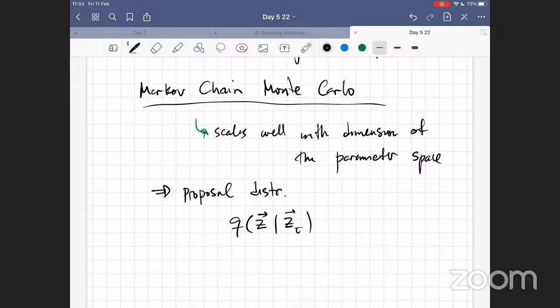Okay, so let me just put it like this. I have a proposal distribution for a step tau plus 1, which is a function of the previous sample.